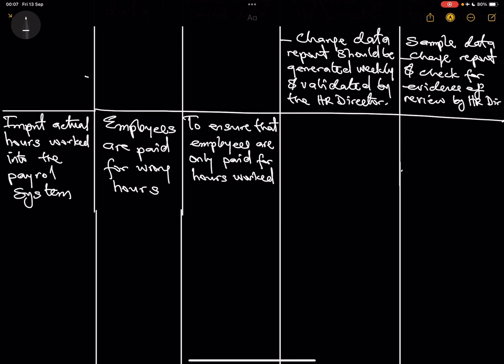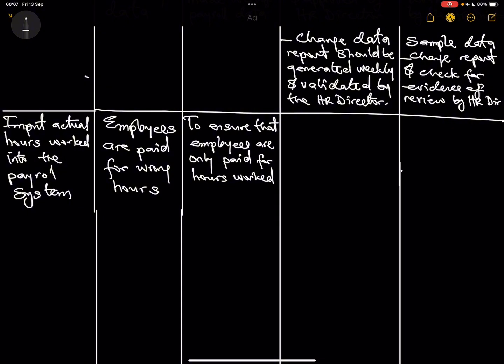And how do we make sure that this comes to reality? So we need to check the interface where those numbers of hours are put into the system. The best way is to use an automated system whereby employees clock in and clock out. And when they clock in and clock out, they are also monitored, because people can clock in for their friends and clock out for their friends.